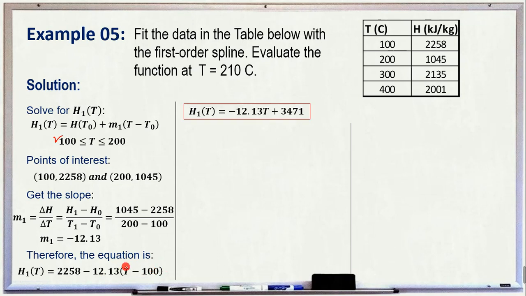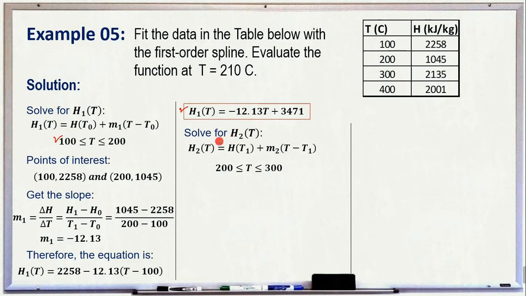Next, you simplify this so that you will arrive at the final form for your first linear spline. You have h1 of t is equal to negative 12.13 t plus 3471. So the negative here indicates that this line slopes downward.